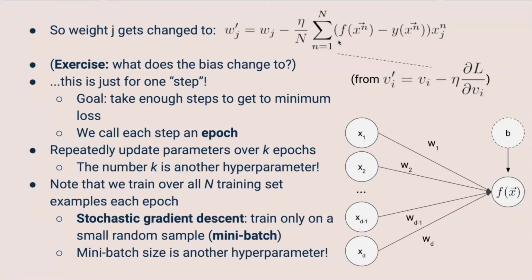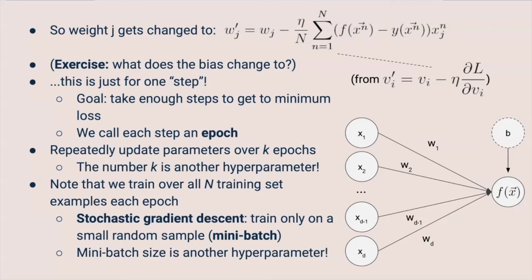And so if you apply this once, that's one step in our landscape. And each step we take, there's a term for that, and it's called an epoch, right? So usually you'll hear people say that they train their model for X amount of epochs.